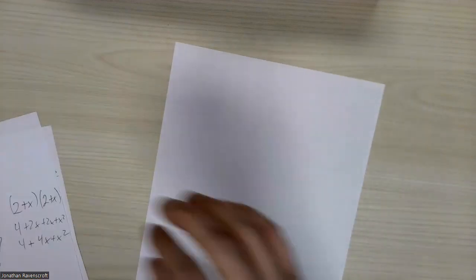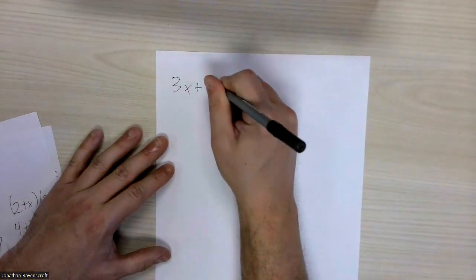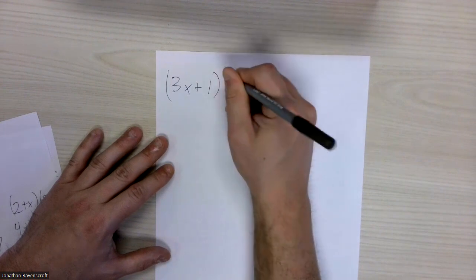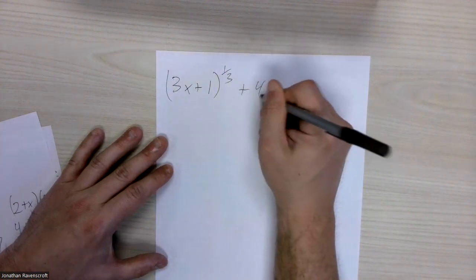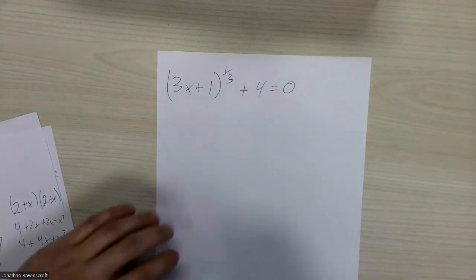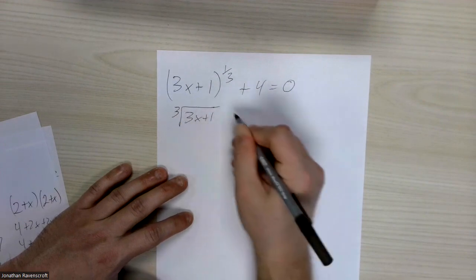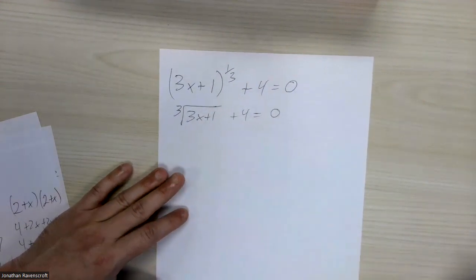All right. What if we have 3x plus 1 raised to the 1/3 plus 4 equals 0? Now here we're using a rational exponent. This problem could very well have been written as cube root of 3x plus 1 plus 4 equals 0. It means the same thing.